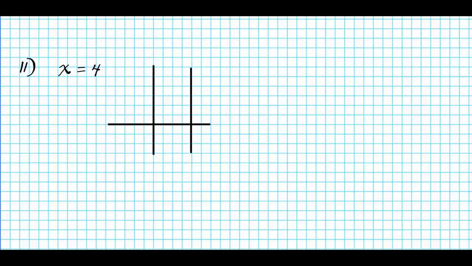So the graph of x equals 4 is simply a vertical line that has an x-intercept of 4, okay? So that's what the graph looks like. So let's say this is our y-axis right here. There goes your x-axis. That's a value 4. Now, this line is the line with the equation x equals 4.